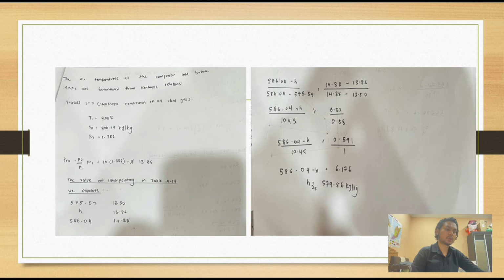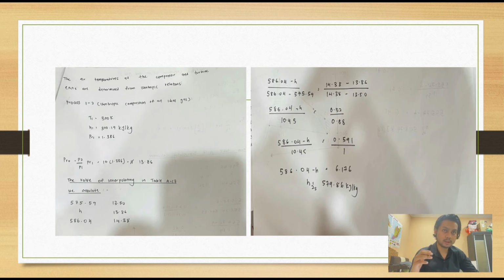Alright, firstly we must solve process 1 to 2, the isentropic compression of an ideal gas. T1 we assume is 300 K, and H1 we get 300.19 kilojoule, and PR1 we get 1.386. Where can I get this information? I get this from Table A17.